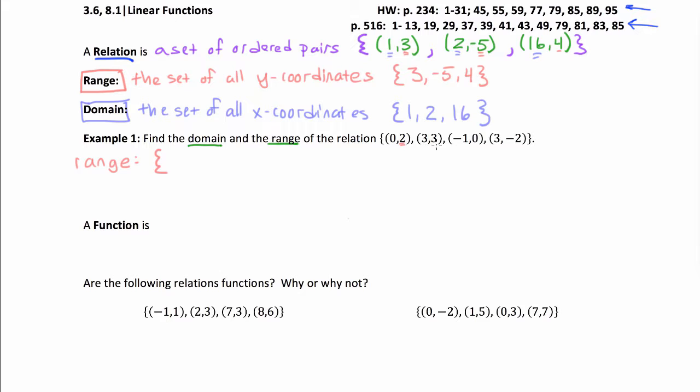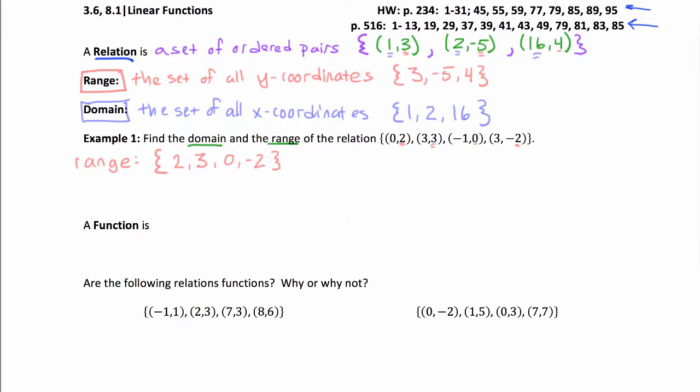So here I have 2, 3, 0, and -2. Nothing was repeated there, so I'm just going to list all of these entries. There I go. So that's the range. That's the list of everything that could possibly show up in the range.